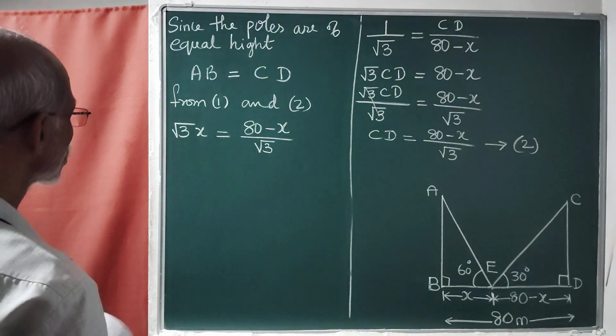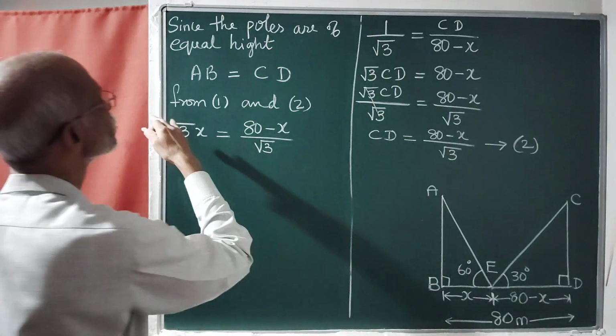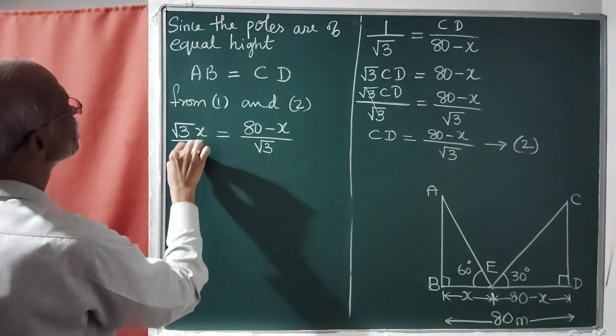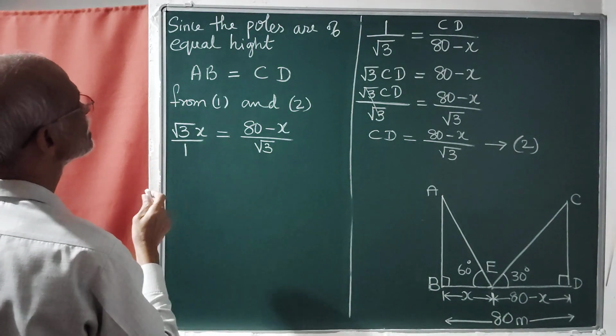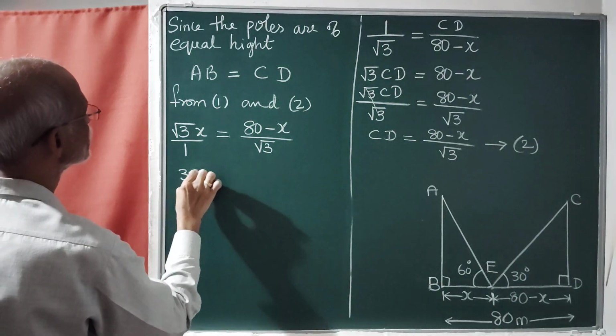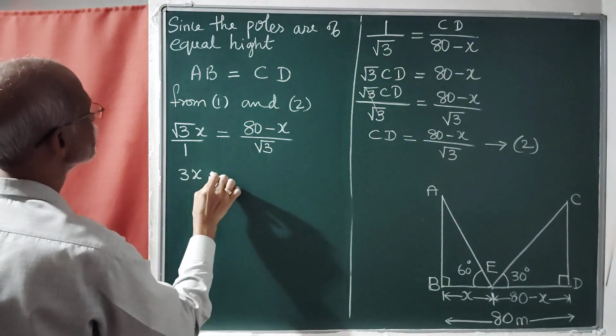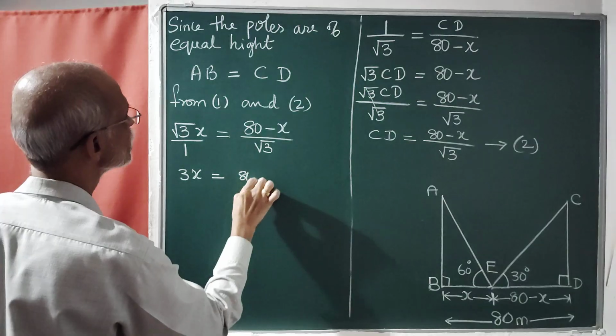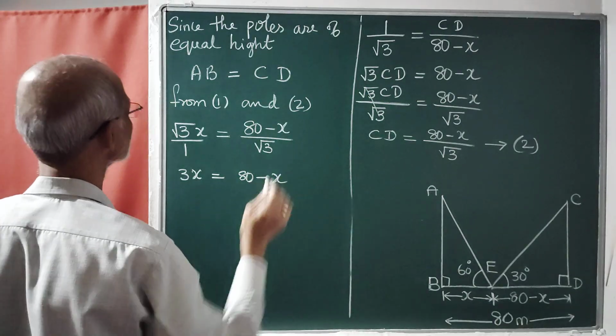So we will cross multiply here. Root 3x into root 3 is 3x. 3x will be equal to 80 minus x.